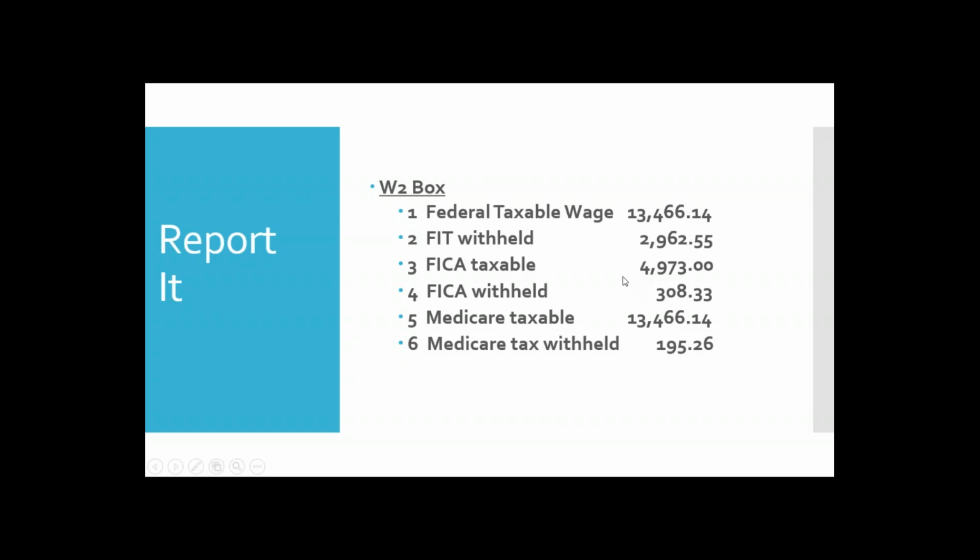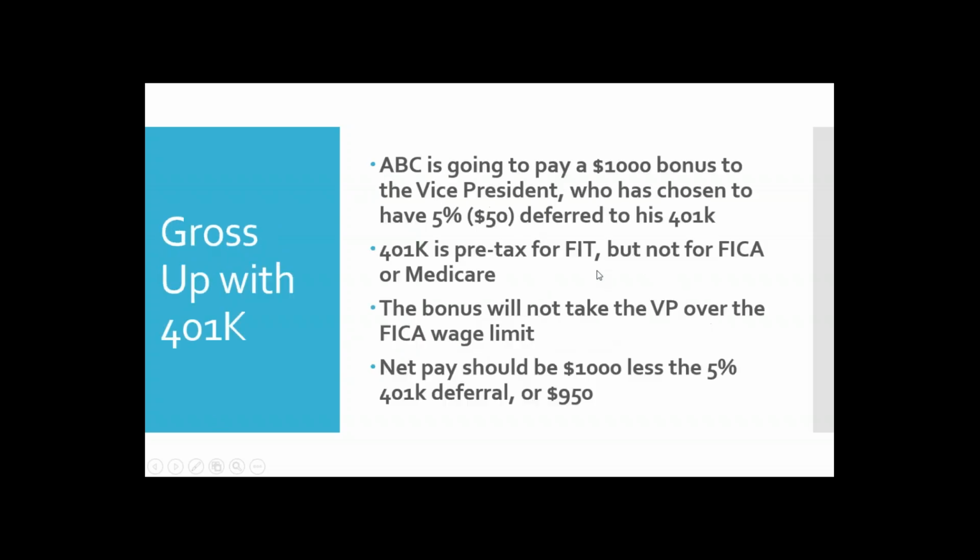Only a portion of this gross was FICA taxable because the employee reached the FICA wage limit with this payment. And then, of course, boxes 2, 4, and 6 are your taxes withheld. But this W-2 posting looks a little different. Just wanted to show that to you.